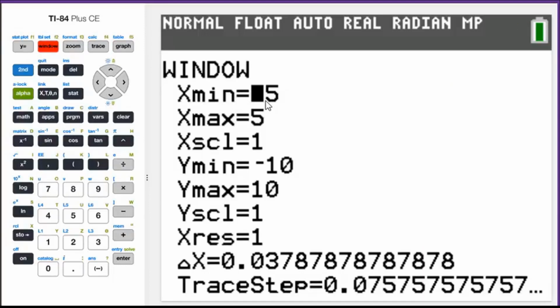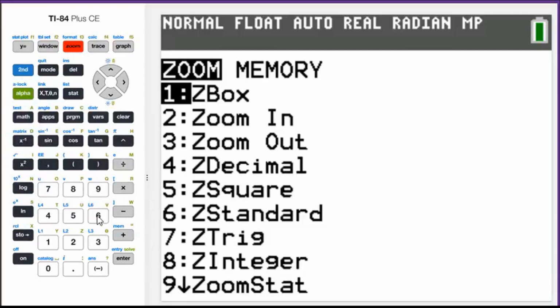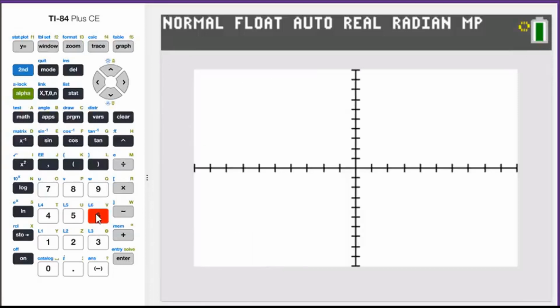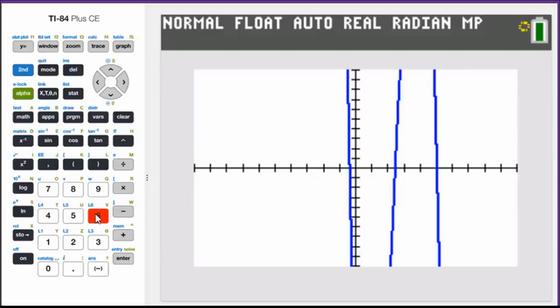X minimum is negative 5. Here's 5. Then here's 1. Then Y is like this. Let's go to zoom 6, changing to standard window. See how it's going. Okay, on the left side, this is not useful.